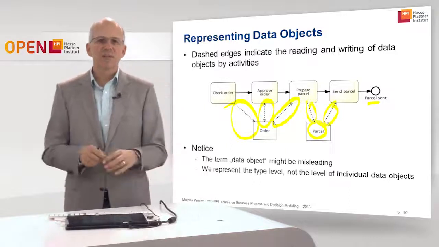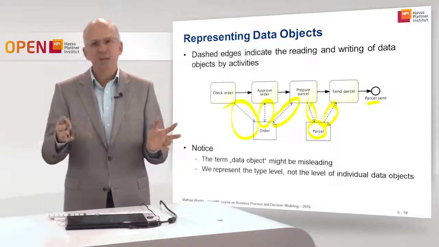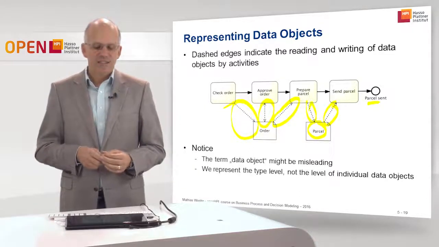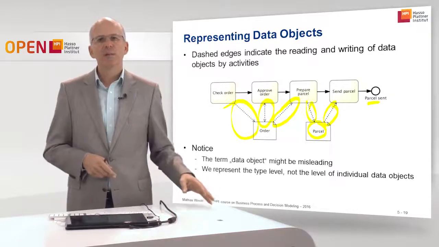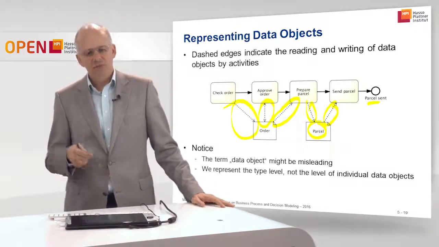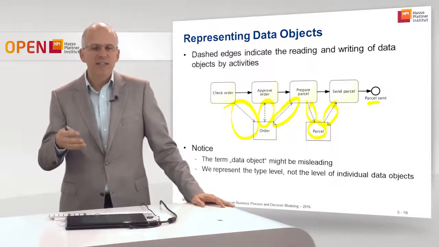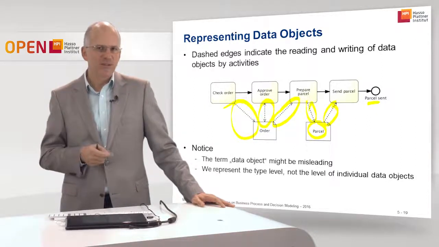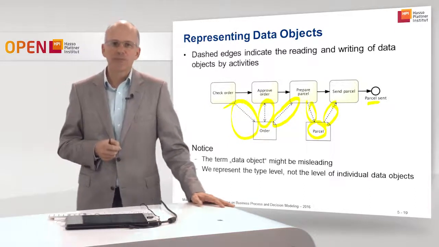Business processes are on the type level, specifying the structure of many process instances. In the same line, a data object in BPMN represents the structure or the occurrence of many different data object instances, so to speak. So it is called data object, but it is still on the type level. We should bear that in mind.